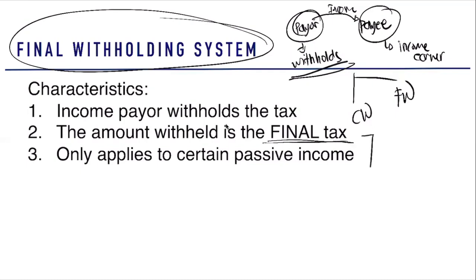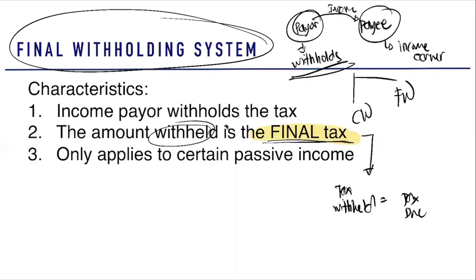What is the difference between that final tax as opposed to your creditable withholding? In your final tax, the tax withheld is equal to the tax due on that particular item of income. So the amount withheld is the final tax.